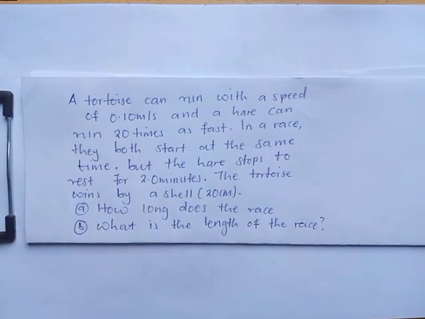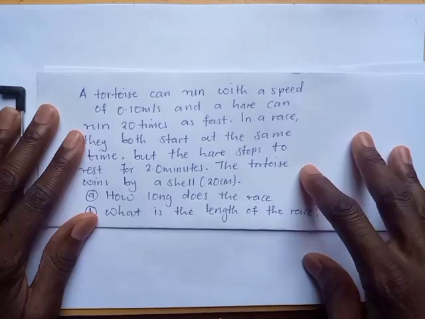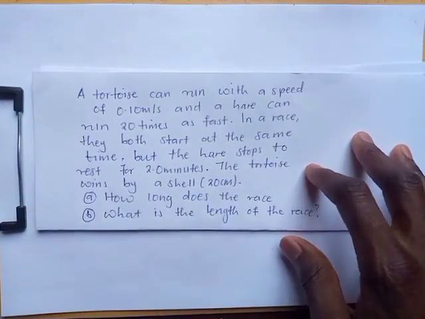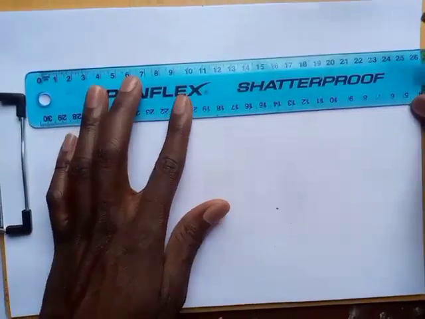So they're asking, what is the length of the race? Okay, so with this type of question, physics always becomes very simple whenever you are sketching. So I'll try to sketch a diagram here.